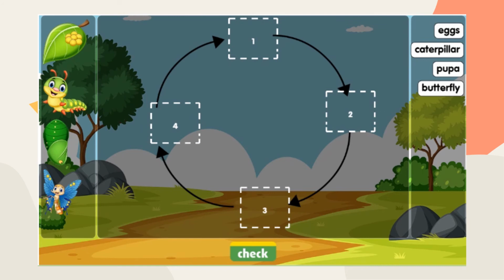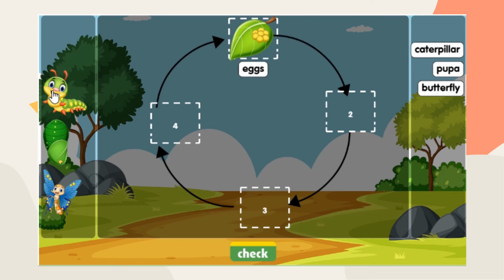Let's arrange the stages of the life cycle of a butterfly in order. What's number 1? Eggs, caterpillar, pupa or butterfly? It's the egg.